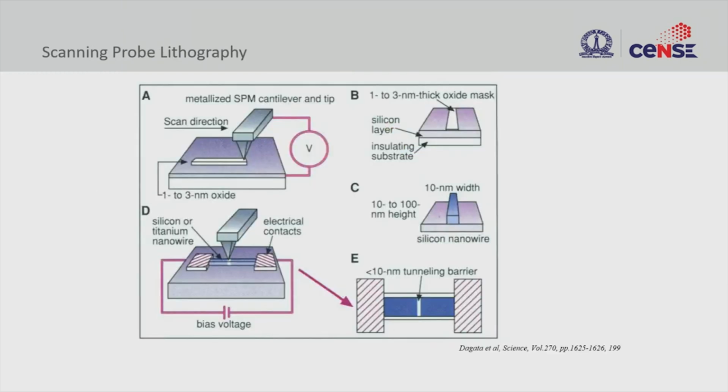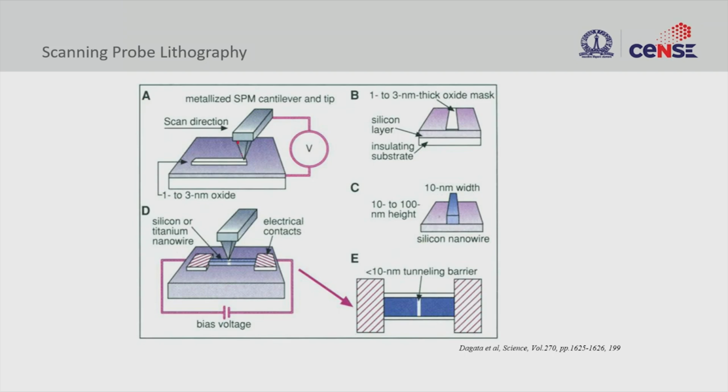And the next type of litho is scanning probe lithography. Here we can define very fine features, on the order of tens of nanometers, by using a tip. This is a physical process that we saw in the first lecture, where we can directly transfer the pattern.